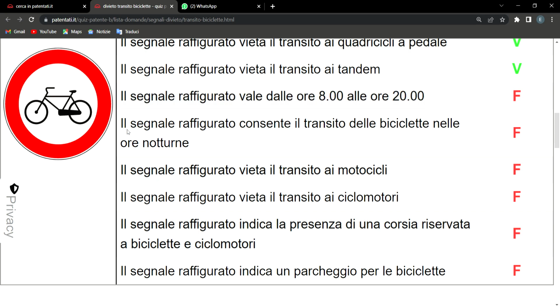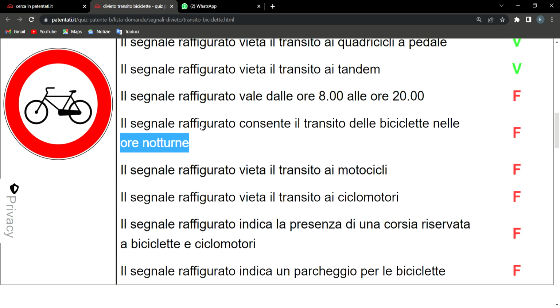So another one again says, il segnale raffigurato consente il transito delle biciclette nelle ore notturne. Whenever you come across something like this, ore notturne, it is talking about night hour.